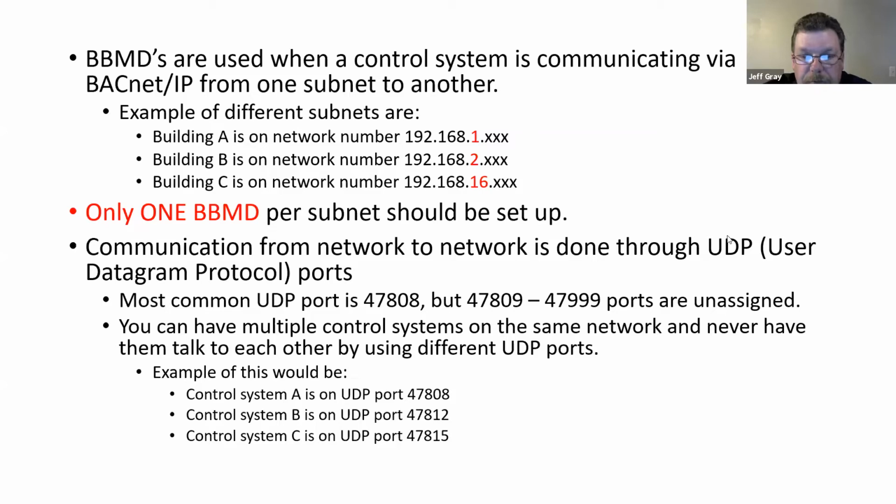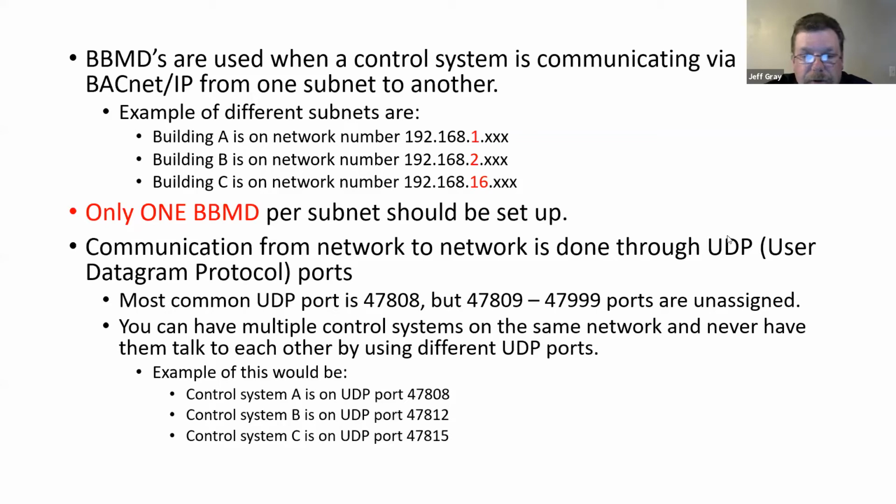Another real-life example is we have a system up on Hill Air Force Base, and there is another control system up there also, and they're on the same IP scheme, same networks, talking from building to building.